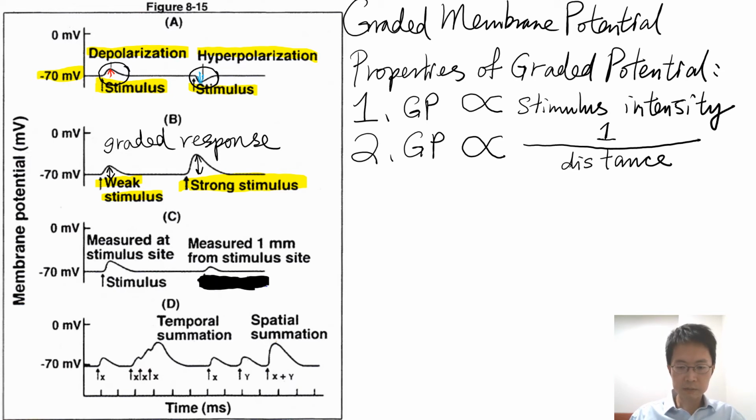So what happens is that when you give a stimulus here, now the x-axis is the distance. Let's say this is an axon, a very long axon here.